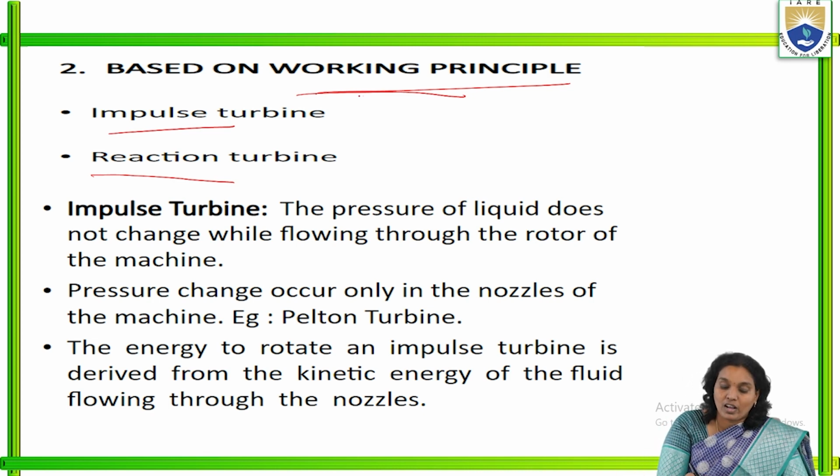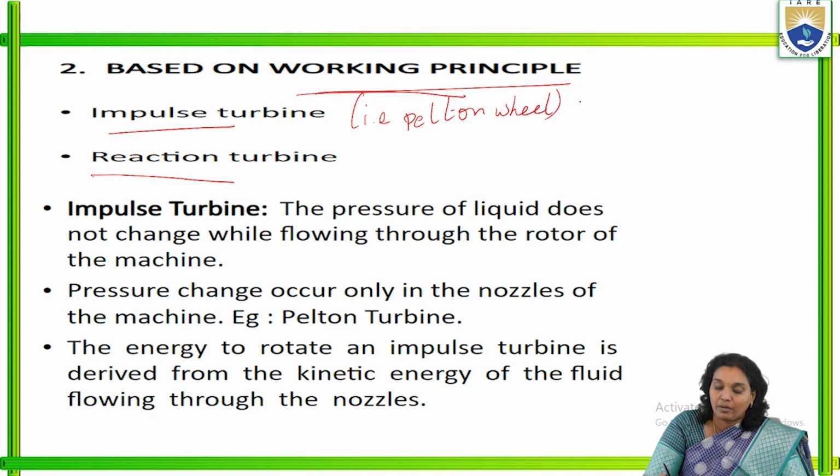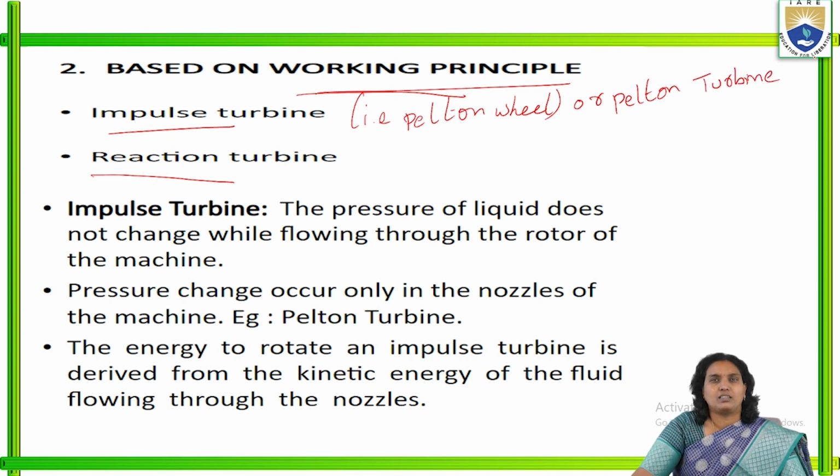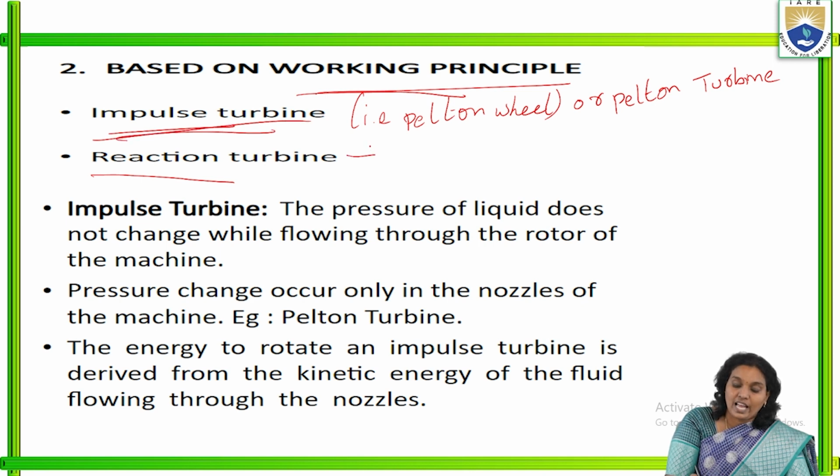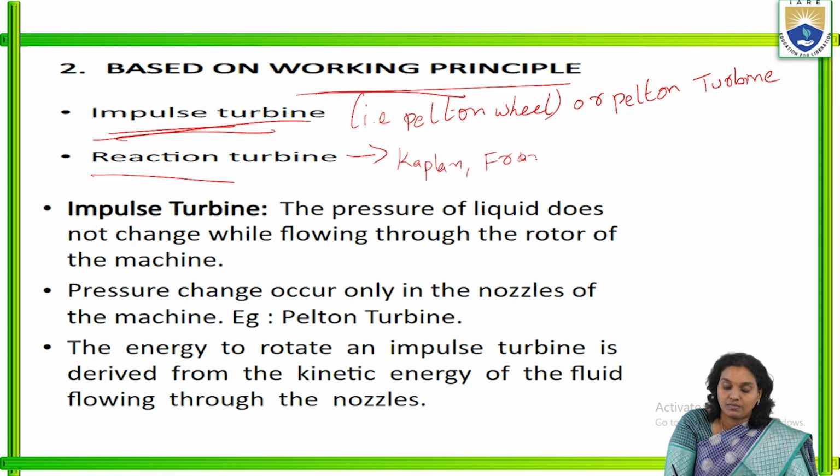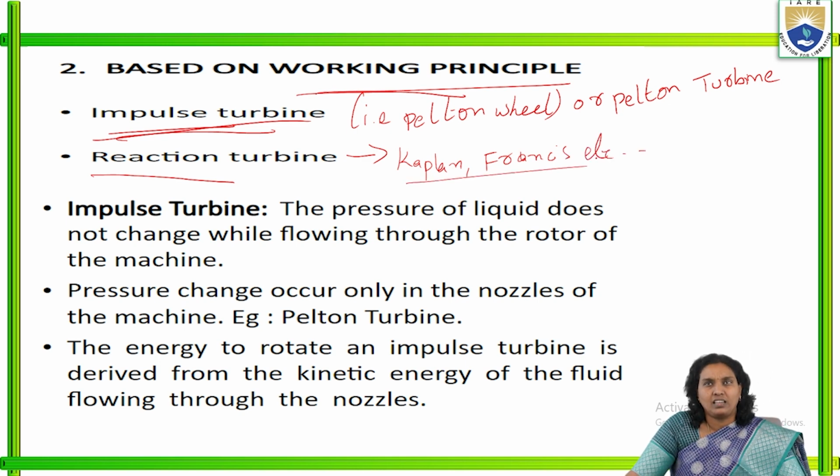For the impulse turbine, the one and only example is the Pelton wheel, or Pelton turbine. Coming to the reaction turbine, the Kaplan turbine and the Francis turbine are examples of reaction turbines.